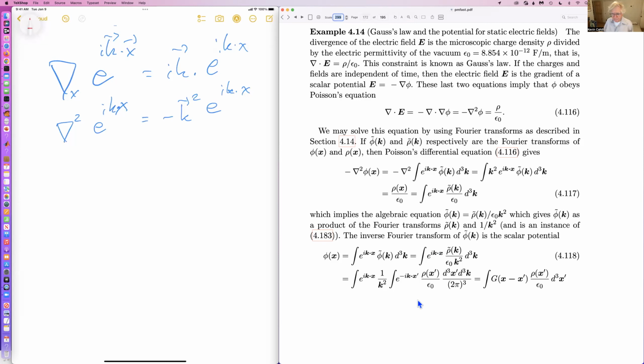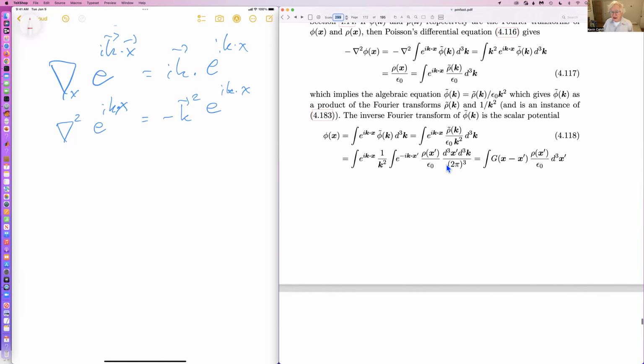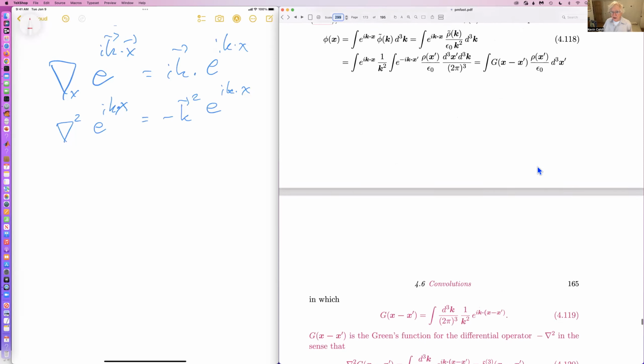Now, one thing we can do with that is write rho of k in terms of the density at a different point. And then if we gather everything together, we get it in the form of a convolution where the convoluting function is called a Green function or Green's function.